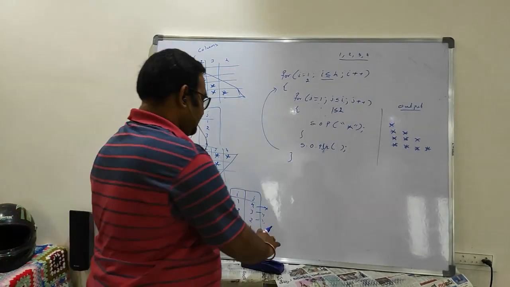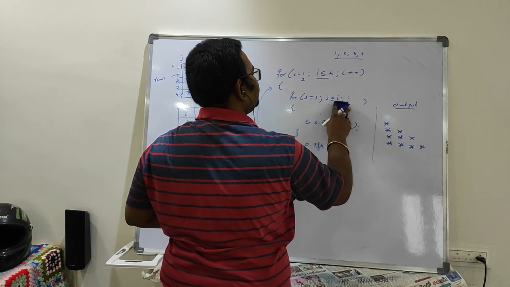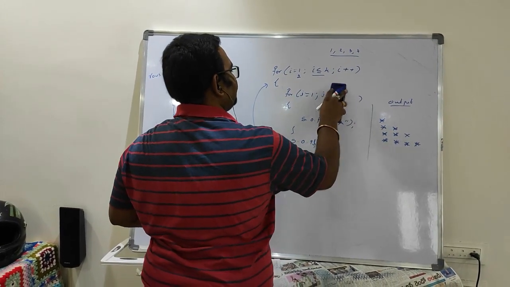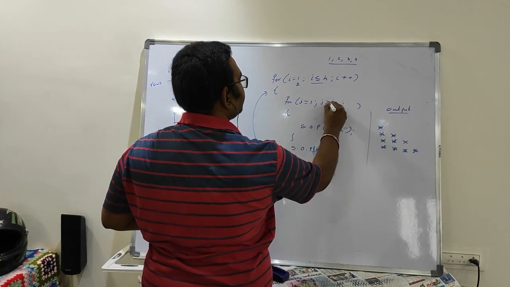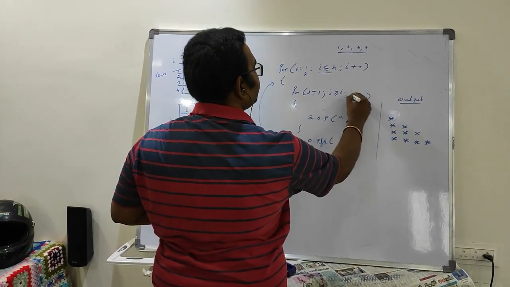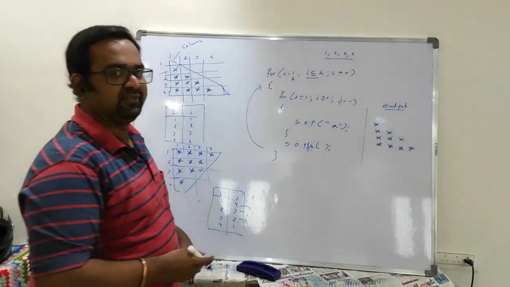For this, I don't want to change my complete program. I just change two places: j greater than or equal to i, and j minus minus.